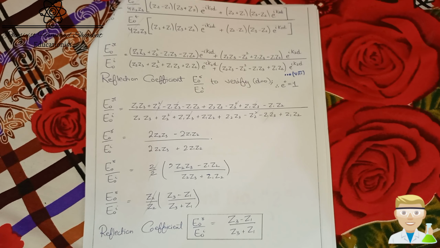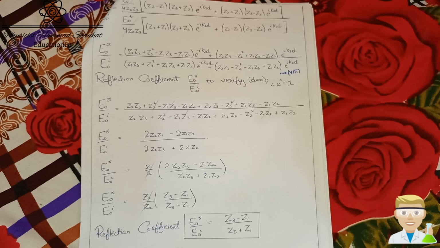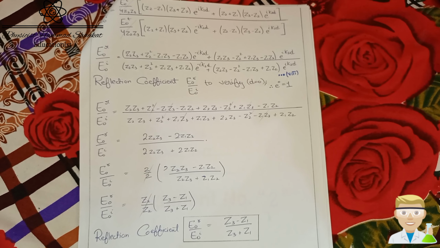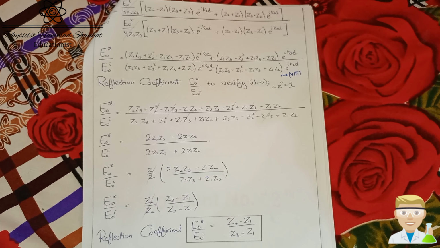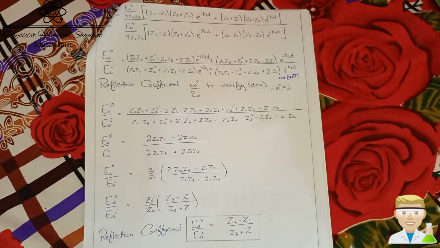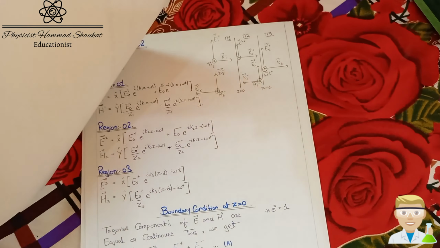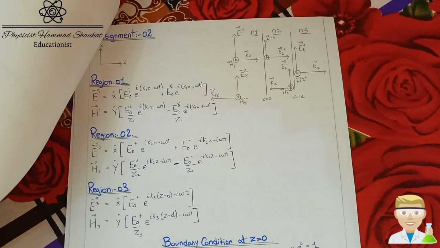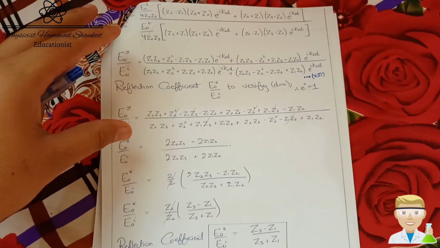In this scenario we are concerned with three regions, region 1, region 2 and region 3. Regions 1 and 2 have a boundary at z equals 0, and regions 2 and 3 have a boundary condition at z equals d. Solving that problem, you get these relations. You can see this is our diagram, these are our equations, and these are our final results.